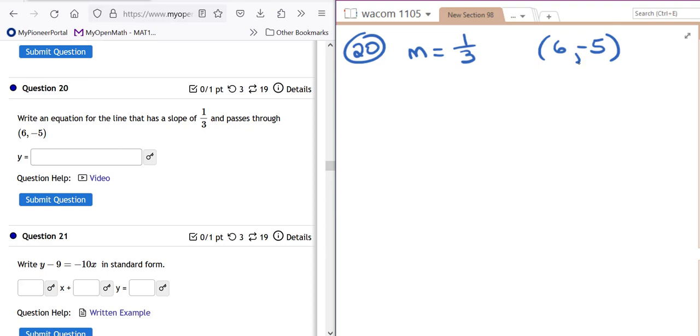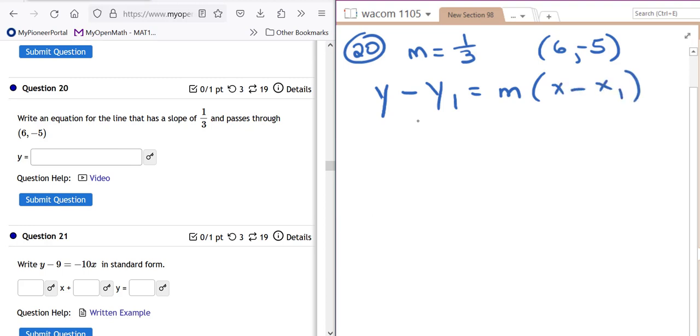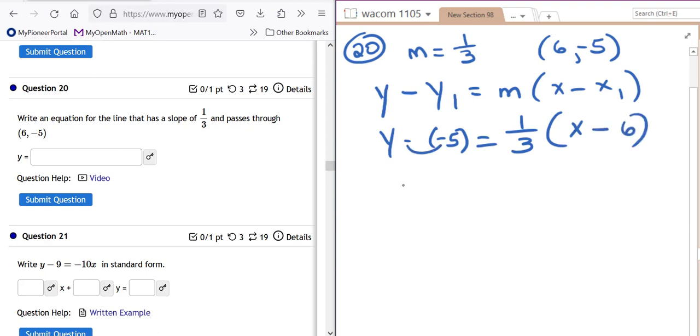It does not want point-slope form, I don't think. So you start with point-slope form. y minus y1 equals m times x minus x1. Right? So it's y minus, be careful here, it's a negative 5. Slope of 1/3, x minus 6. Okay. This will make plus.